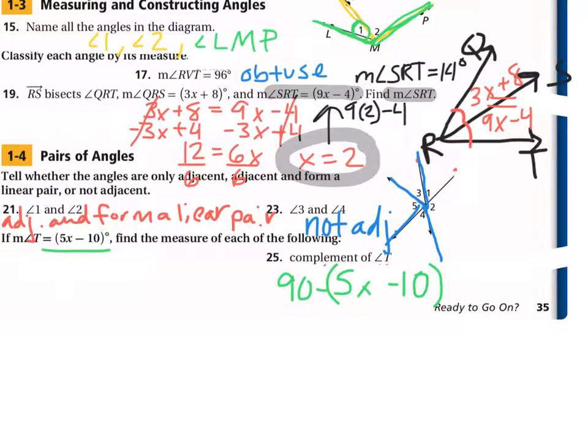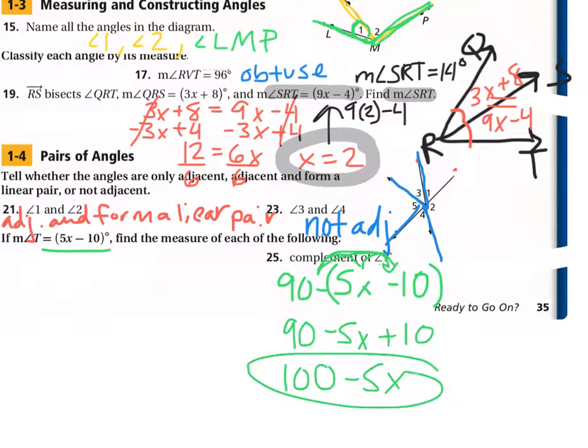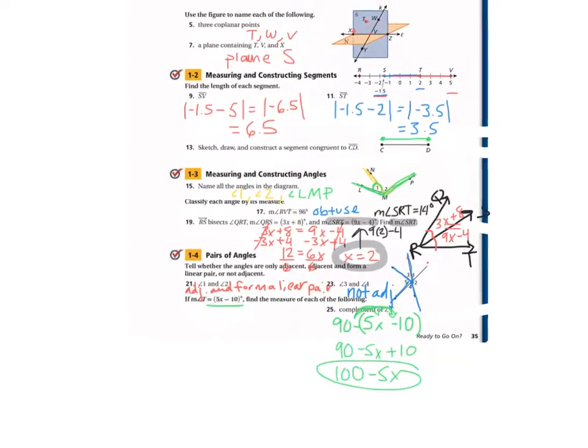And then we would have to distribute the negative to the 5x and to the negative 10. So we would have 90 minus 5x, and this would become plus 10. So the complement of t would be 100 minus 5x. So that would be our answer for 25.